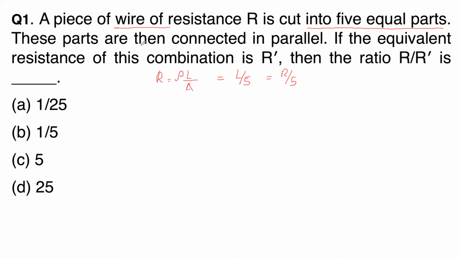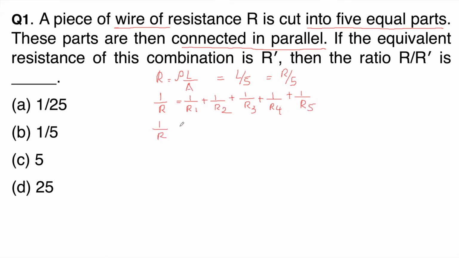But again these 5 parts are connected in parallel. Individual resistances are connected in parallel here. So what is the formula for equivalent resistance in parallel connection? That is 1 by R1 plus 1 by R2 plus 1 by R3 plus 1 by R4 plus 1 by R5.